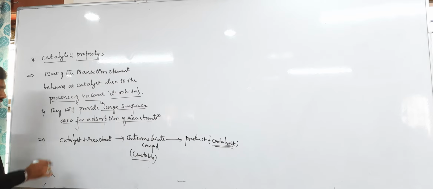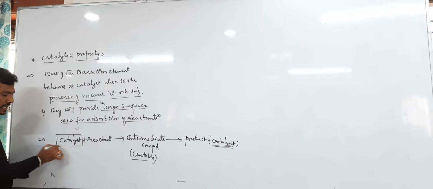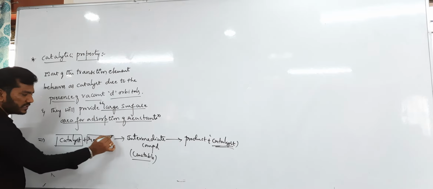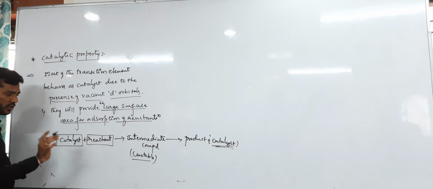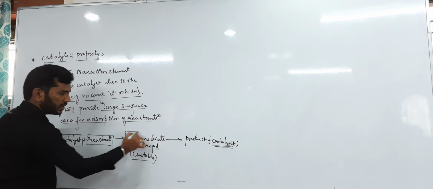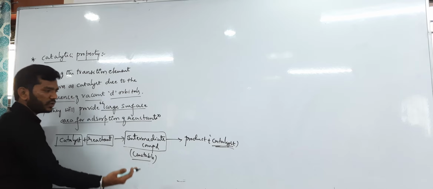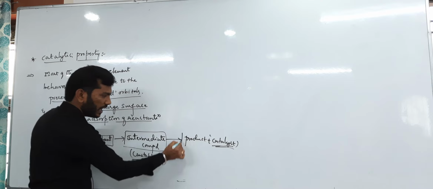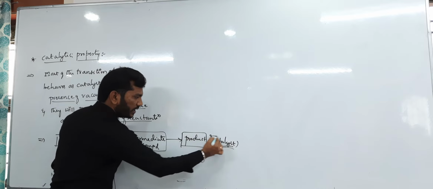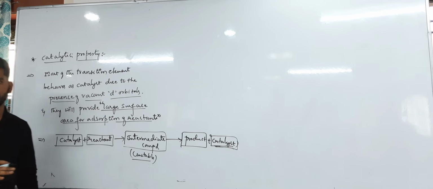So the catalyst provides surface for the reactant molecule to adsorb. Thereafter an unstable intermediate compound is formed, which easily decomposes to form the product, and we get our catalyst back as it is.